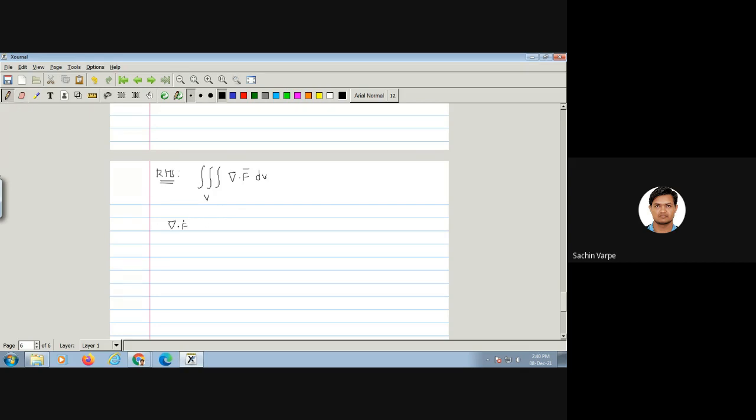Del dot f bar is the derivative of f1 with respect to x plus the derivative of f2 with respect to y plus the derivative of f3 with respect to z. What is f1? f1 is 4xz, differentiated with respect to x, plus f2, that is minus y square, and f3 is yz.